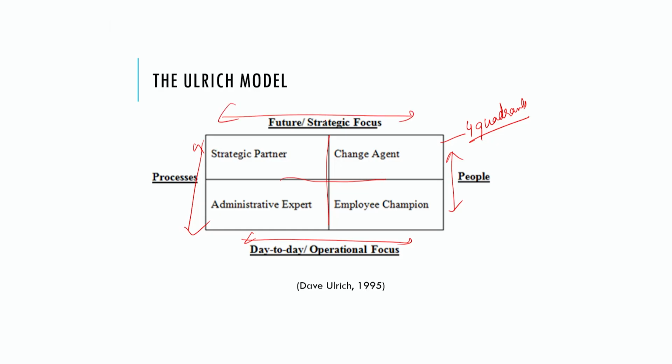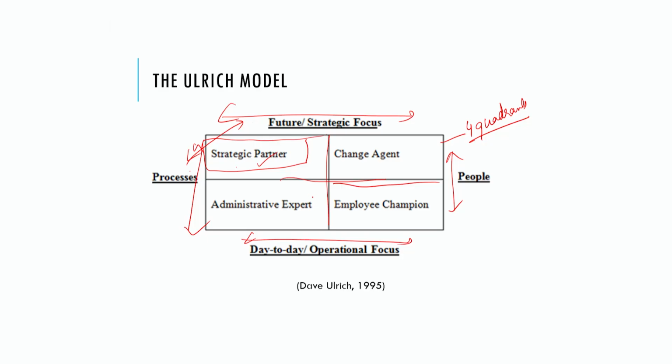So, for example, if the quadrant is future strategic focus and processes, we have to see processes from a future perspective. Then the HR person has to behave as a strategic partner.